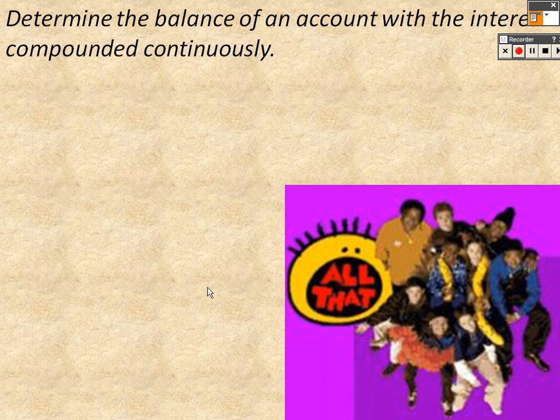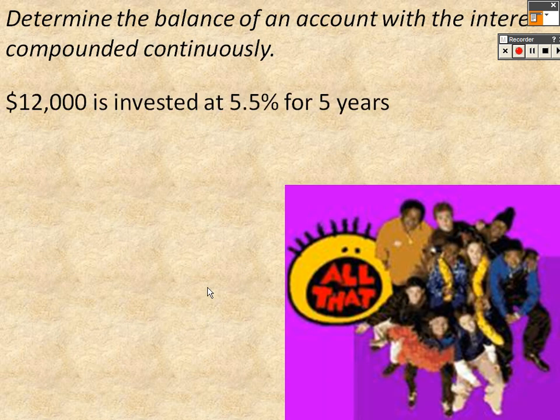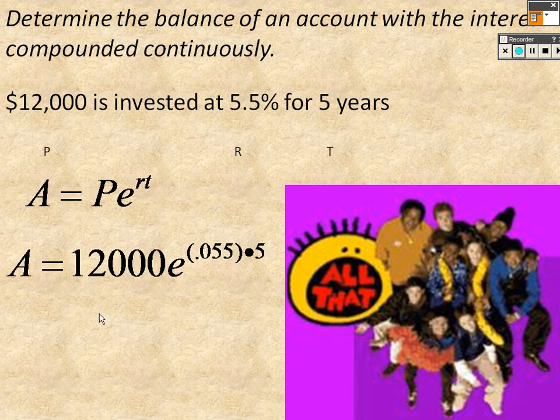Determine the balance of an account with the interest compounded continuously of $12,000. So that's P, invested at a rate of 5.5%, so that'll be 0.055, and your T is 5 when you plug it into this formula. And you know it's this formula again because it says compounded continuously. So I plug everything in. You just type it all in at one shot on the graphing calculator, and you get 15,798.37.